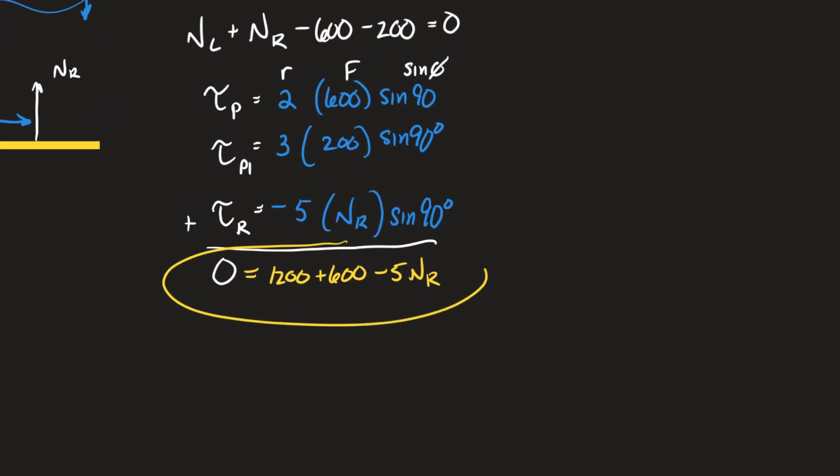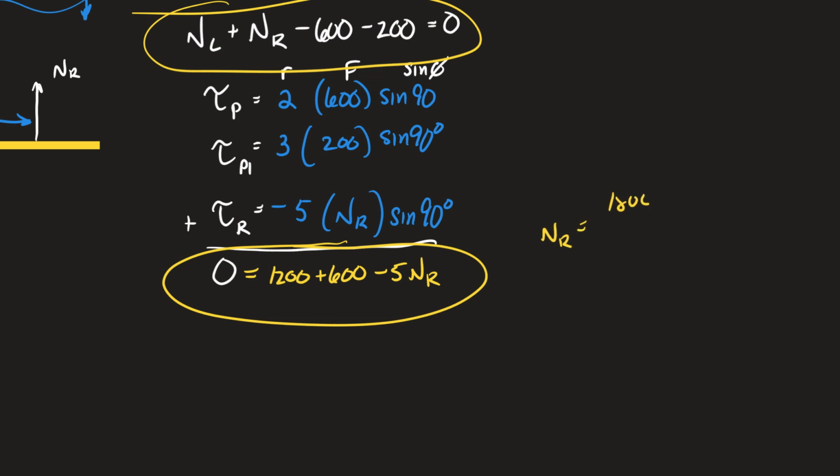This one and this one. The bottom one I can just solve. All right, 1200 plus 600 is 1800 divided by 5. Any question about that? So that's got to be 360. I think my math is right there.